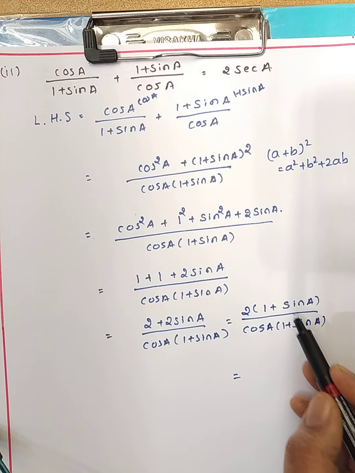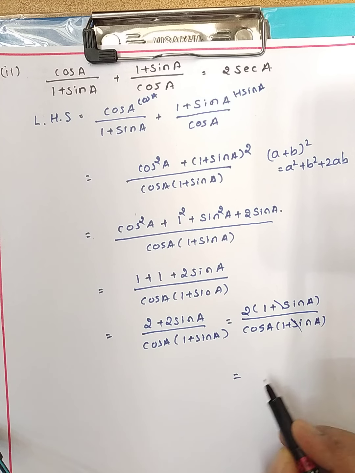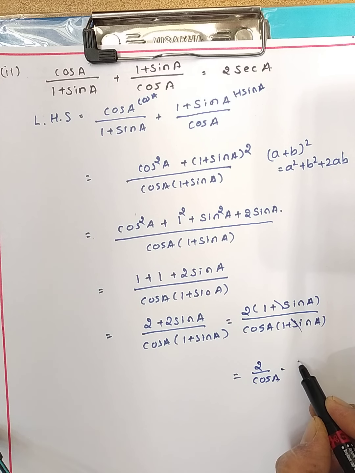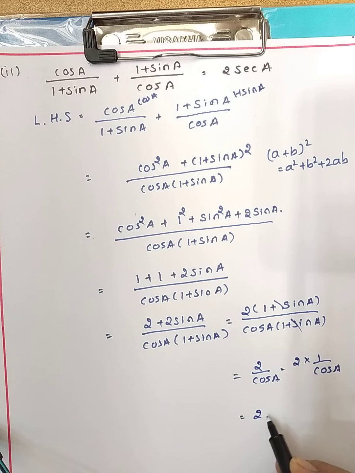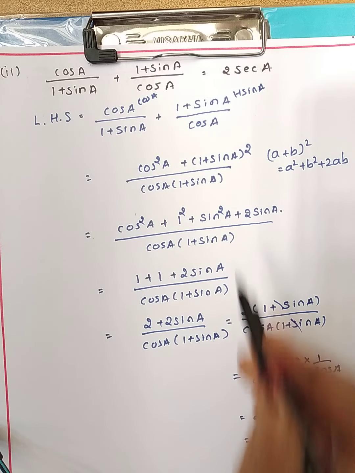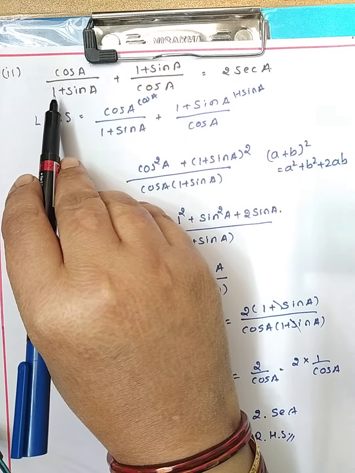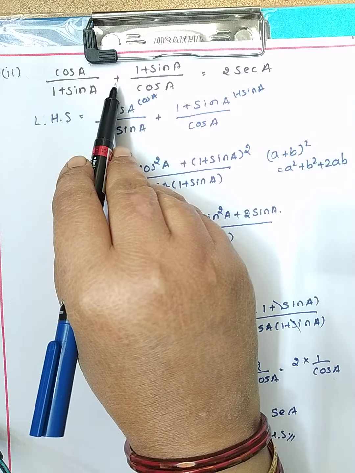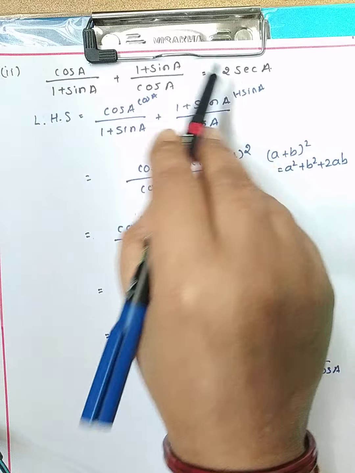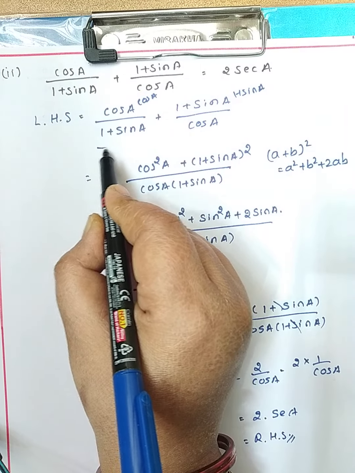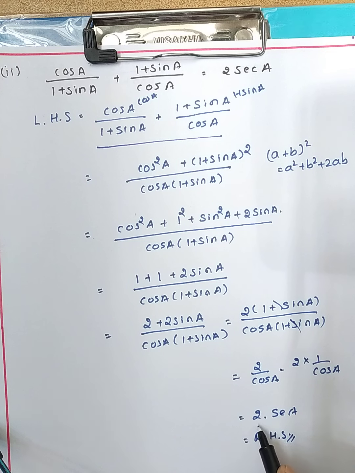The 1 plus sin a in the numerator and denominator gets cancelled. Remaining is 2 by cos a. You will write it as 2 into 1 by cos a, and 1 by cos a is sec a, so 2 sec a. This is the RHS. The question is to prove cos a by (1 plus sin a) plus (1 plus sin a) by cos a equal to 2 sec a. So we solved the LHS here and we got the RHS as 2 sec a.